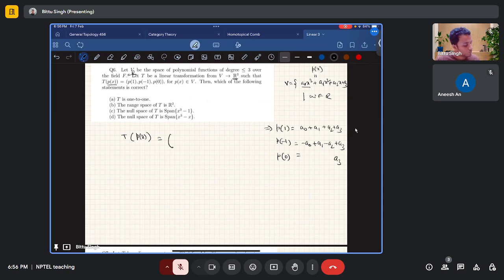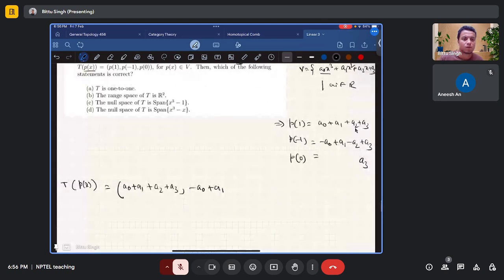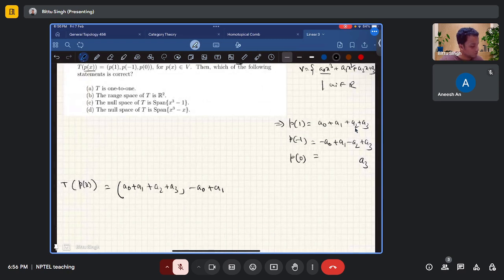So by definition, T of px is a0 plus a1 plus a2 plus a3, comma, minus a0 plus a1 minus a2 plus a3, comma, a3.